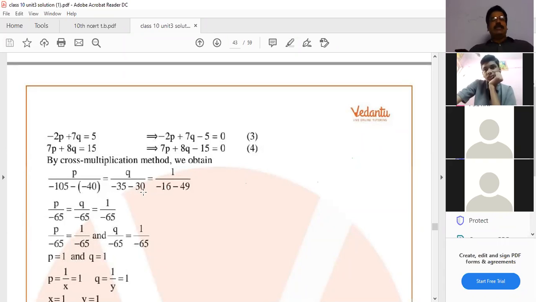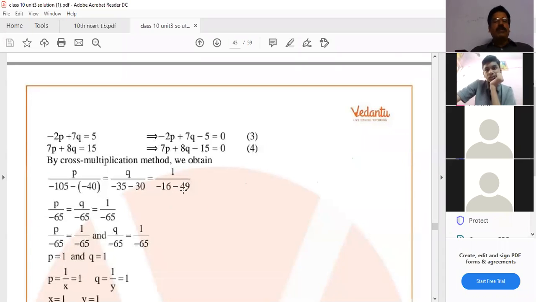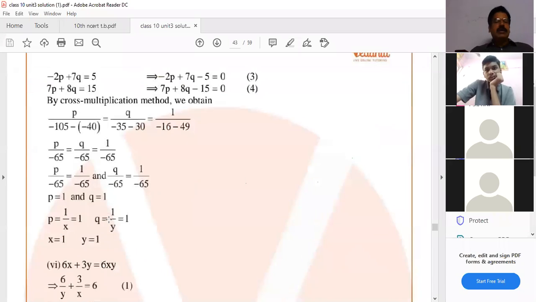Now 1 by a1 b2 minus a2 b1: 2 8s are 16, minus 7 7s are 49. So p by minus 105 plus 40 means minus 65, and q by minus 35 minus 30 means minus 65. Hence p equal to 1 and q equal to 1.